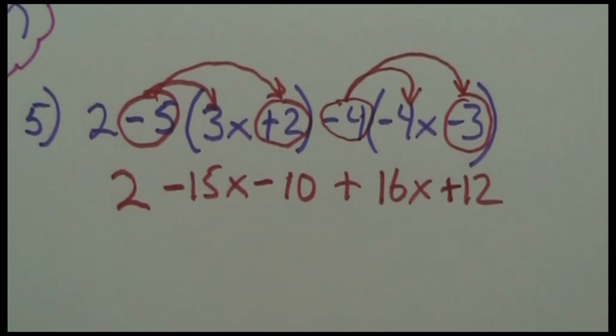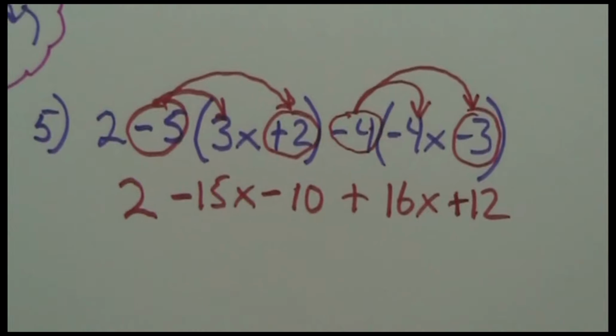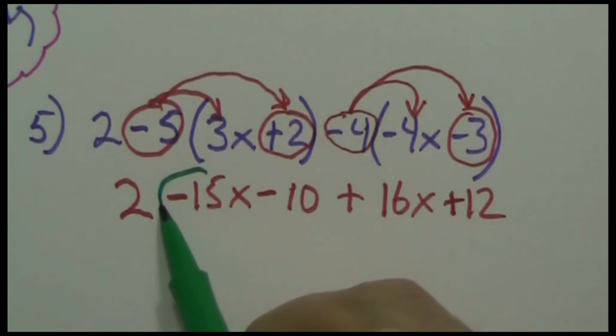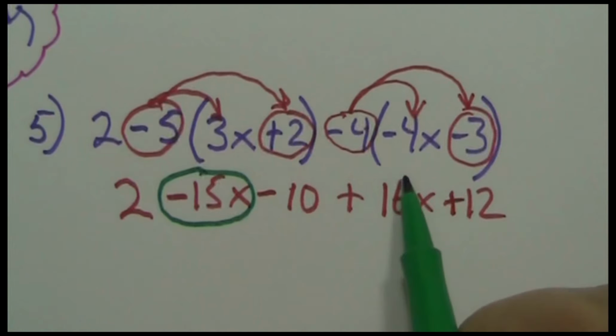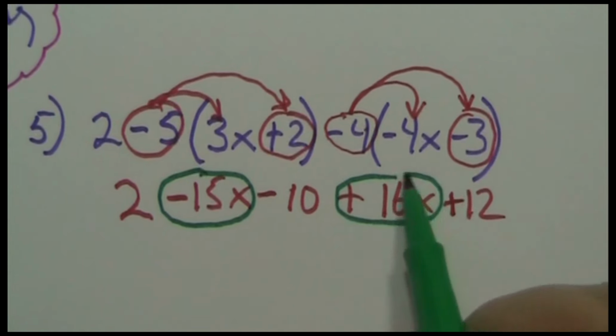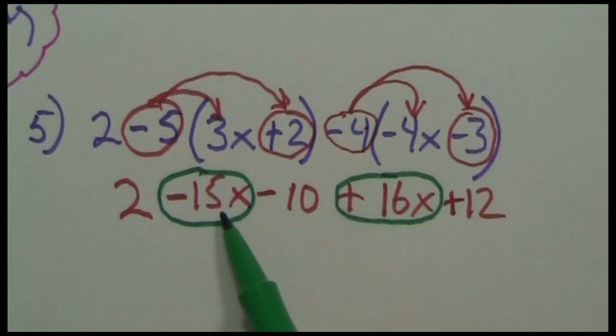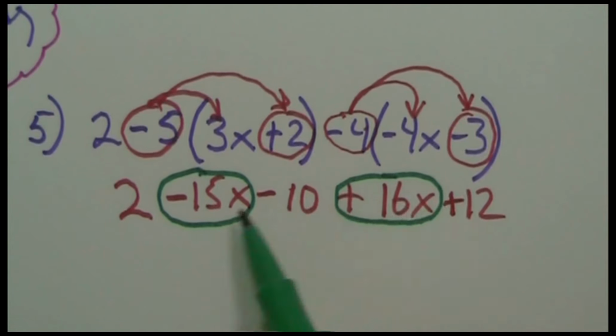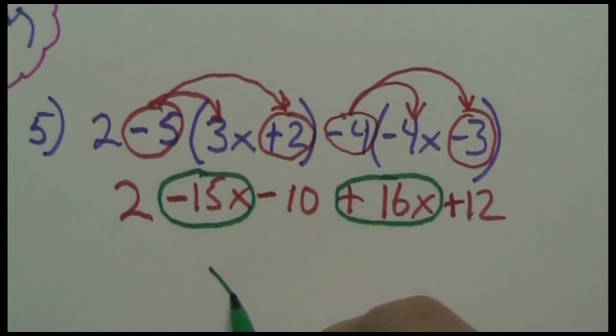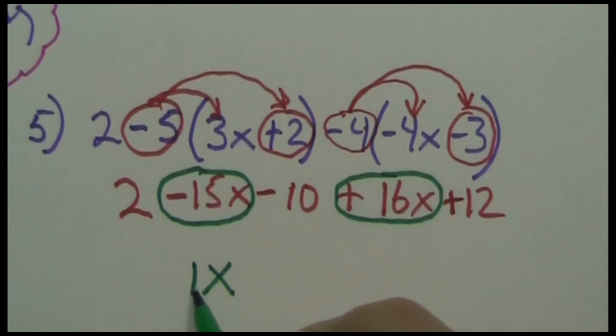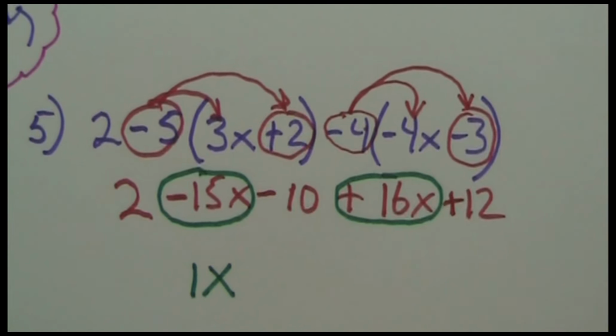Now I can go ahead and combine like terms. So let's first put together the coefficients. So we have negative 15x, and I have positive 16x. So 16 take away 15. That's 1x. If you want to put 1x, you can put 1x. That's okay. 1x.